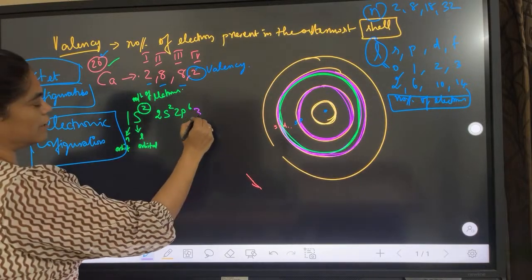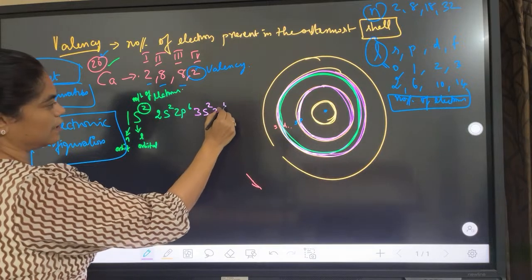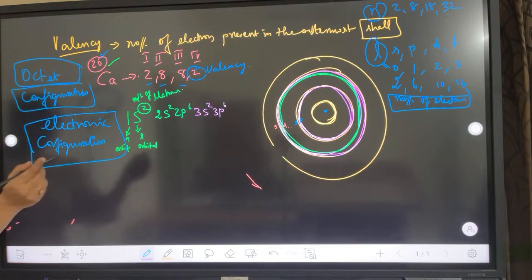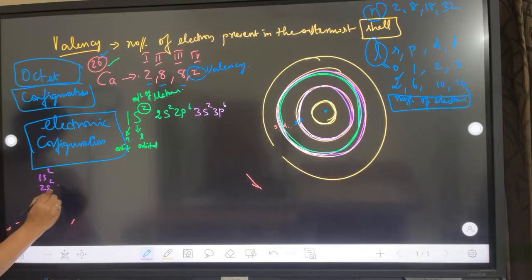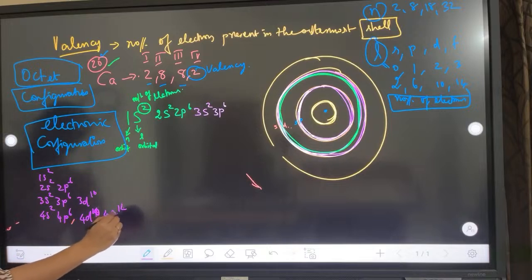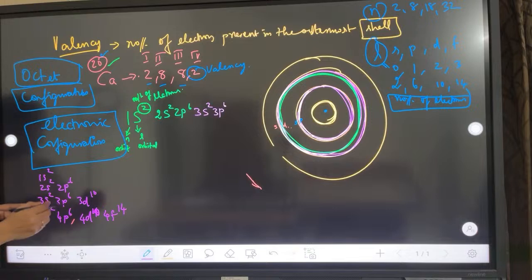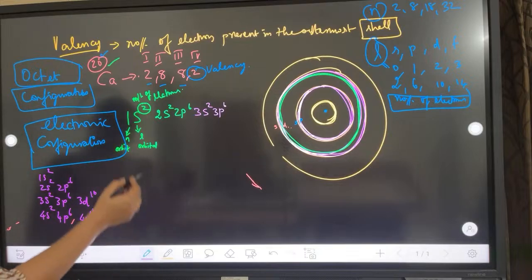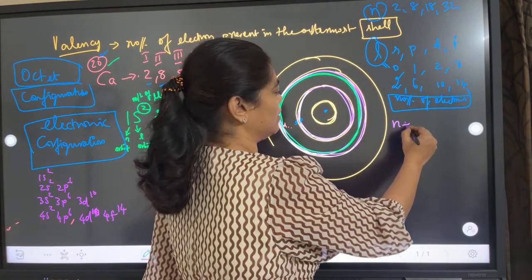In the third level, will 3s2 3p6 come? What should come next? Should 3d come? S, P, D should come. How will the fourth level come? 3d10, SPD. So we have 1s2, 2s2 2p6, then 3s2 3p6 3d10, then 4s2 4p6 4d10, sorry, then 4f14. Should it come like this? So I will tell you why it doesn't fill like this. This is the procedure that should come, right? It should be coming like this. Then it is following some n plus l rule, they are saying.